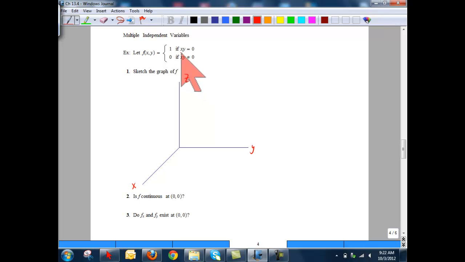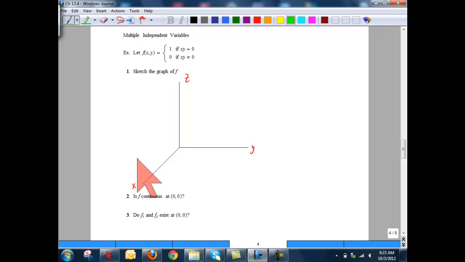Well, there's only one way that x times y can equal 0. That's if at least one of the variables is itself 0, or in other words, that I'm on a coordinate axis. And so the graph of this thing is 1 when I'm plugging in a value that is on a coordinate axis, and it's 0 if I plug in a value that's not on a coordinate axis.